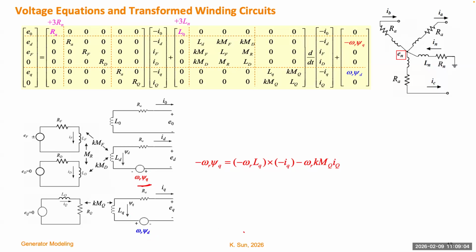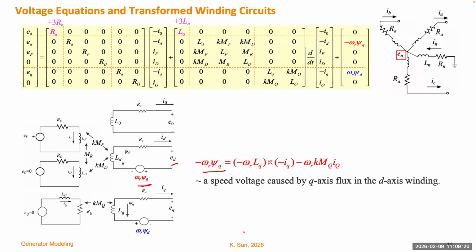Especially for the new source added to the D axis, that's actually the negative omega r multiplied by psi q. So this is a voltage caused by Q axis flux in the D axis winding.